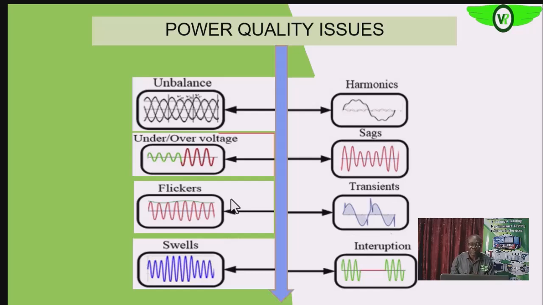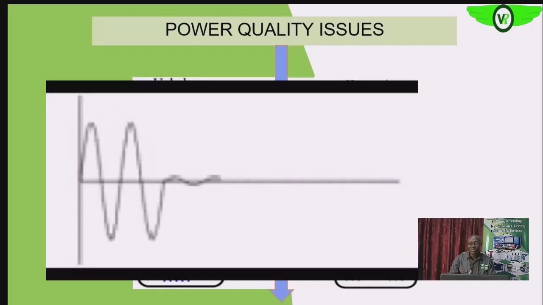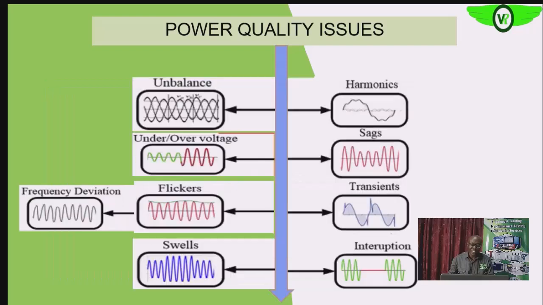That is when there is a break in the voltage waveform or signal for more than 1 minute. That is called interruption. Such interruptions are not good for the operations of the electric motor system. So all of this we need to protect against.